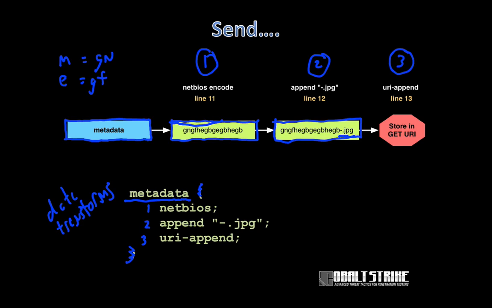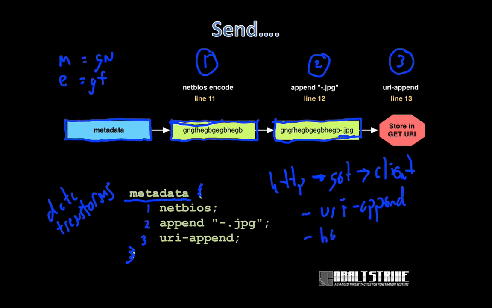Here in a HTTP GET client block, we have the option of doing URI append to stick the resulting thing onto the end of the URL. We also have the option to stick the resulting thing into a header or a parameter. And if we're doing an HTTP POST to send our data back, we have the option of using print as a terminating statement as well. So again, a lot of flexibility.